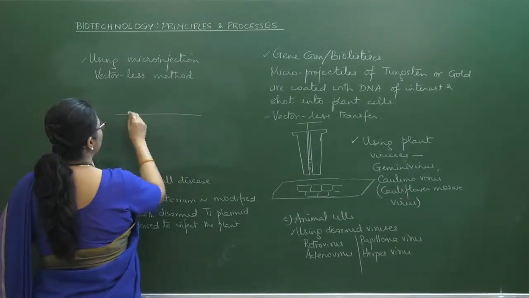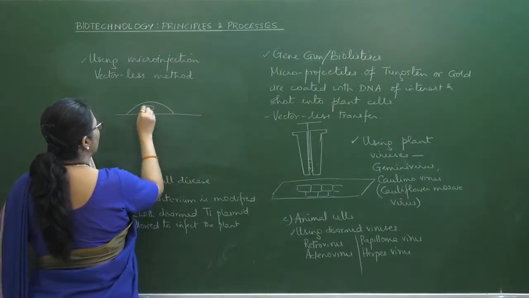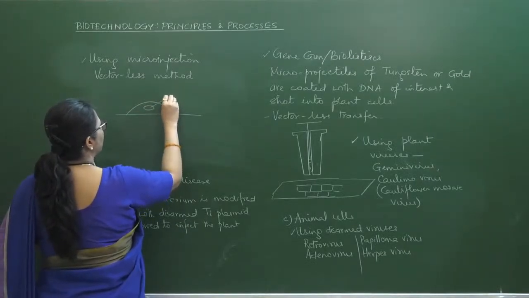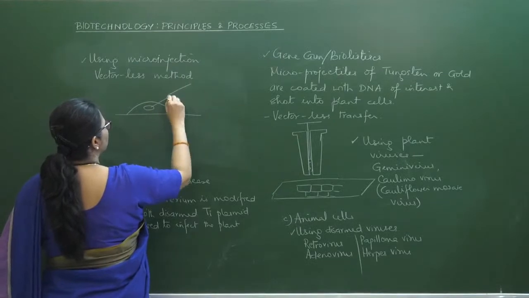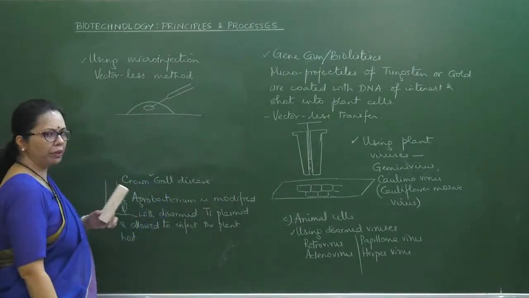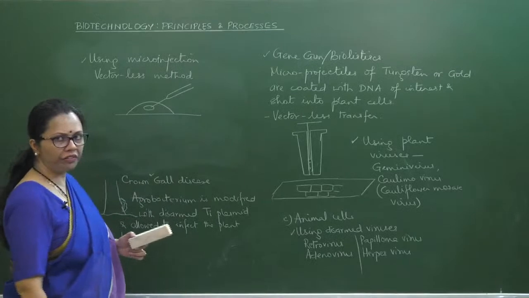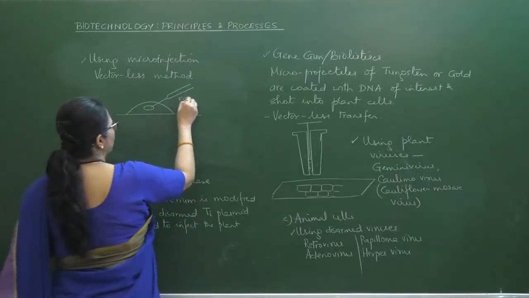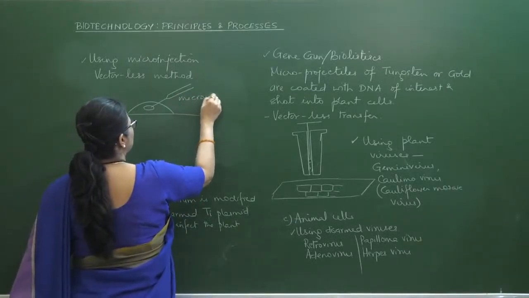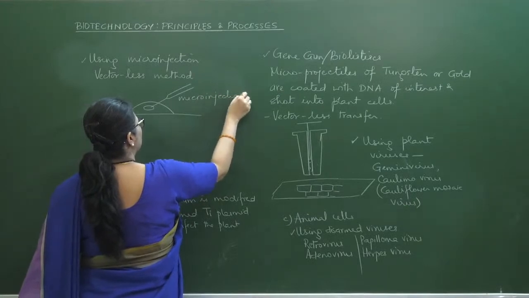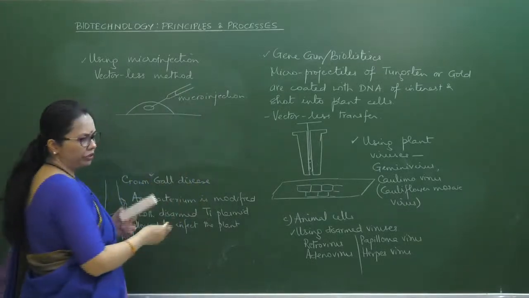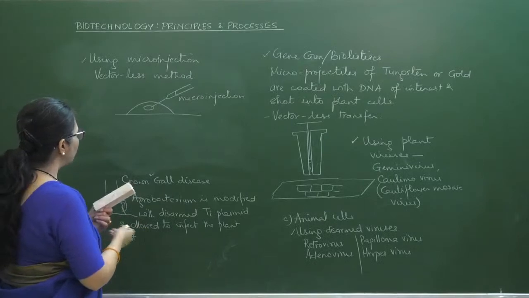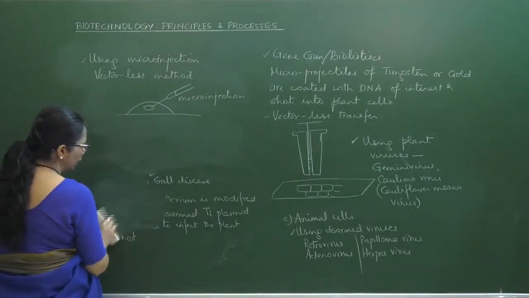Suppose this is the slide once again, we have this cell here, and directly into the nucleus by using a microinjection or a micropipette, we are injecting the DNA of interest directly. So only one cell at a time can be done.